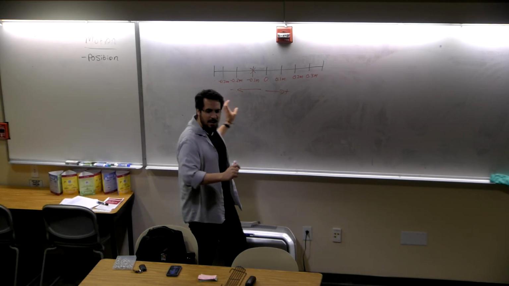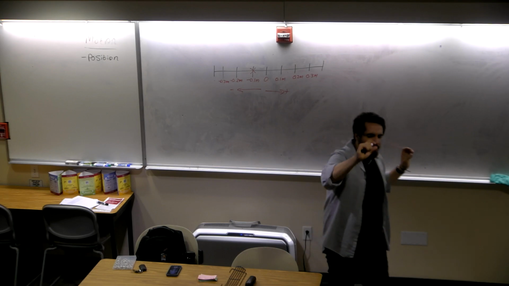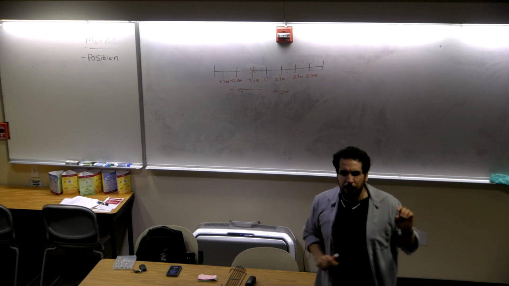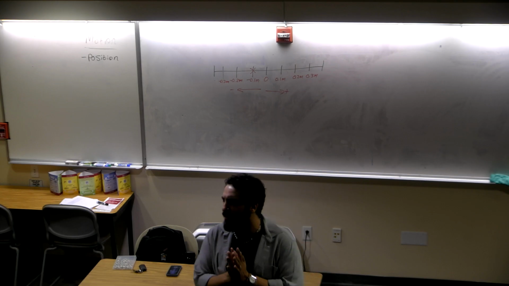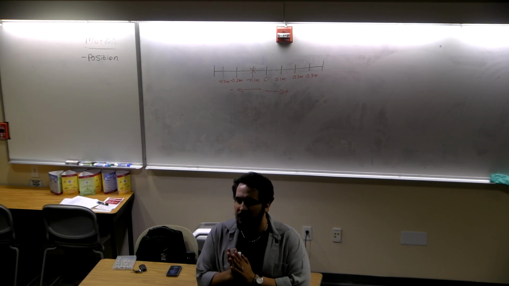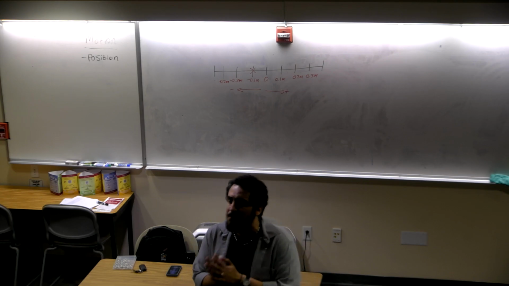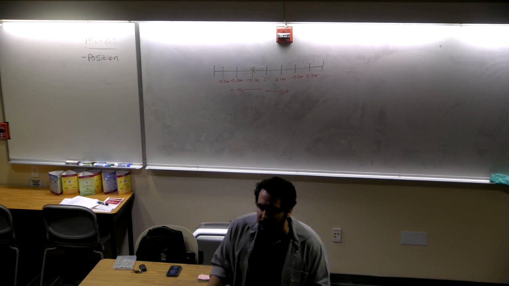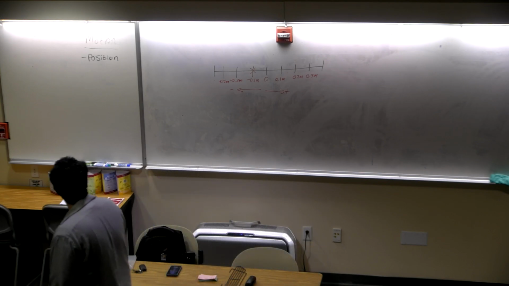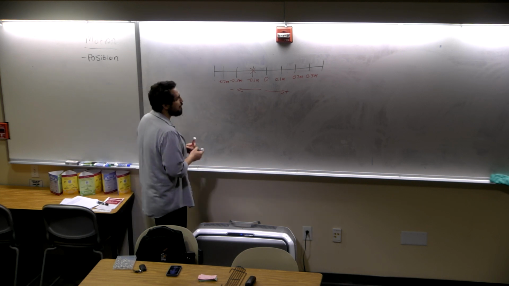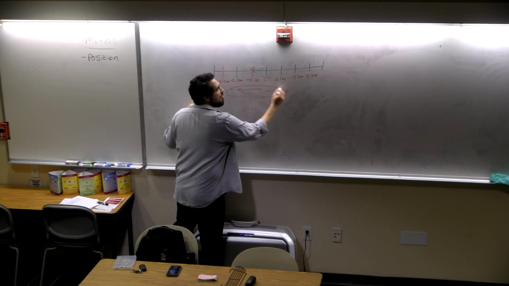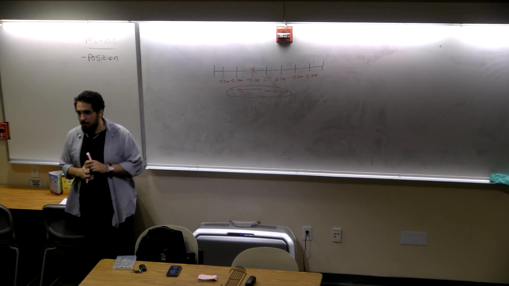Now, writing out 1/10 of a meter to the left of the origin, that's a mouthful, right? And it tends to not be particularly useful when we start discussing mathematics. How do you do algebra with a sentence? Well, you can't really. So instead, we come up with a more mathematical description, and our mathematical description uses this left and right, positive and negative notation.